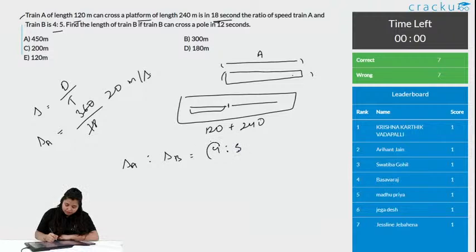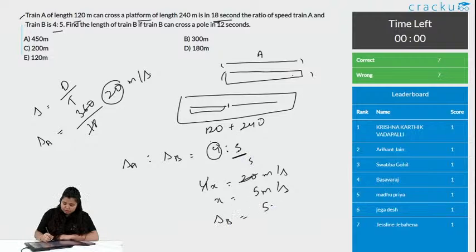That means 4 units is 20, that means 4x is equal to 20 meter per second. So x is equal to 5 meter per second. So what is the speed of train B? It is 5 units. So speed of train B is 5 into 5, that is 25 meter per second. We got the speed.